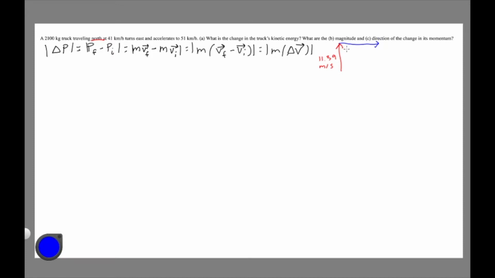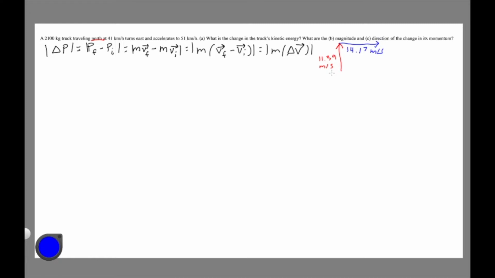And then if we convert kilometers per hour into meters per second, 51 kilometers per hour translates roughly into 14.17 meters per second. And this is going east or to the right.